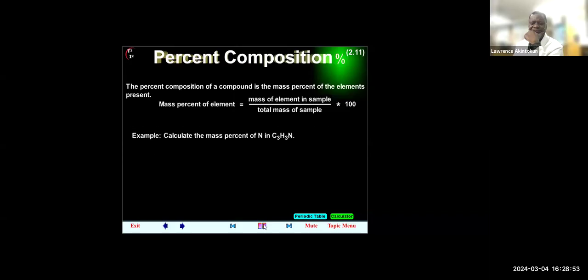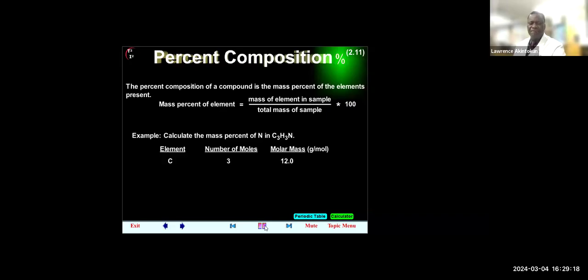Calculate the mass percent of N in C3H3N. Okay, let me pause here and I want you to try this. Calculate the mass percentage of nitrogen in C3H3N. Element C. Number of moles 3.